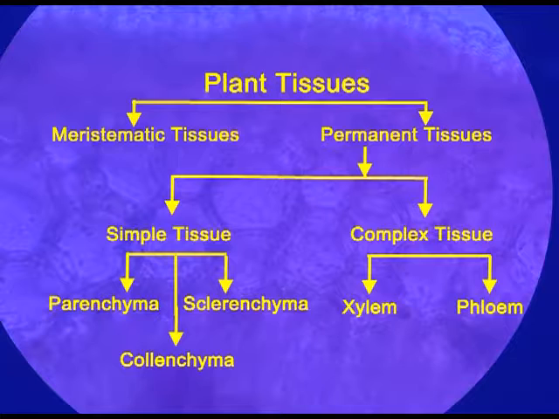Permanent tissues are further divided into simple and complex tissues. Simple tissues can be grouped into parenchyma, collenchyma and sclerenchyma, whereas xylem and phloem are examples of complex tissues.